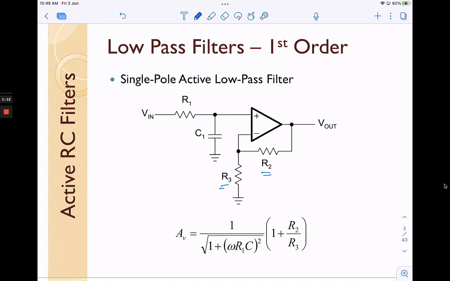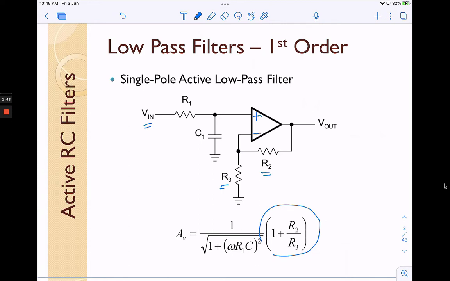Okay, so as usual, when we try to analyze how we get this, we take into consideration the voltage on each of the terminals, the non-inverting terminal and the inverting terminal. So now the source comes from Vin on the non-inverting terminal.